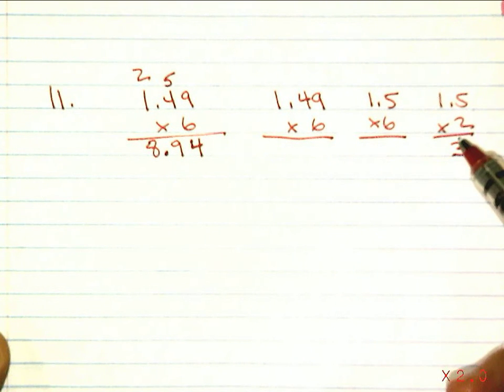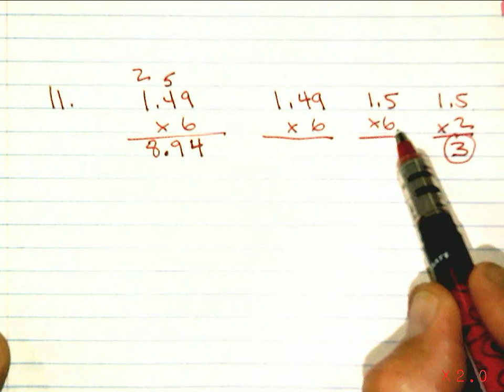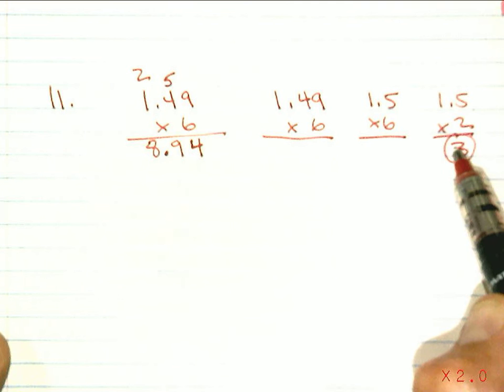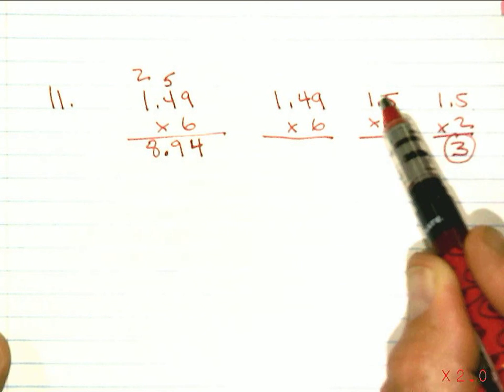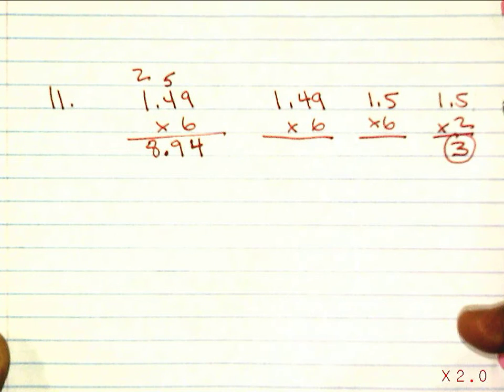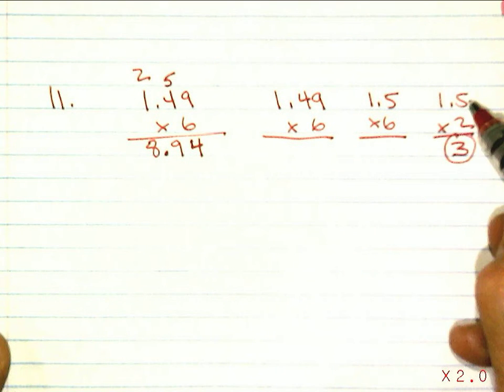So I have one set of 3, but I have times 6, which means I have 3 sets of 3, which means I have a total of 9, because I'm thinking of this as 1.5 times 6, or even I might think of it as 15 times 6, but that's a little bit harder. I like keeping it simple.